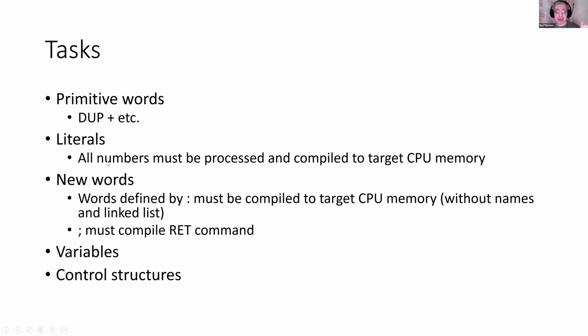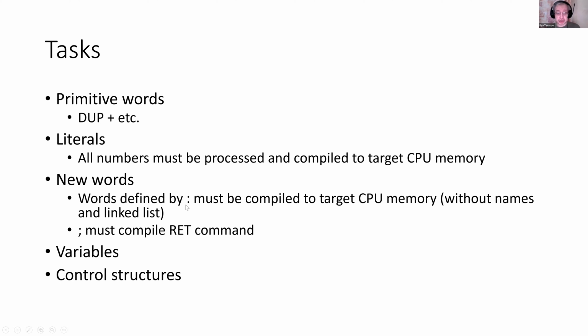It must be converted to our CPU code. So this task is important enough, and we don't want to write, for example, 2 convert to our target CPU, then another 2 convert to our target CPU. So this is a question we need to solve.